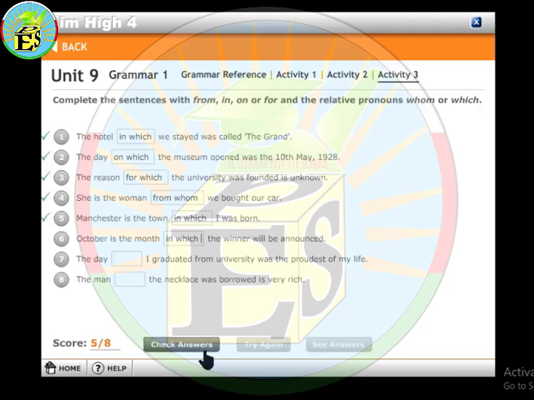Check. The day space I graduated from university was the proudest of my life. The day on which. The man space the necklace was borrowed is very rich. From whom.